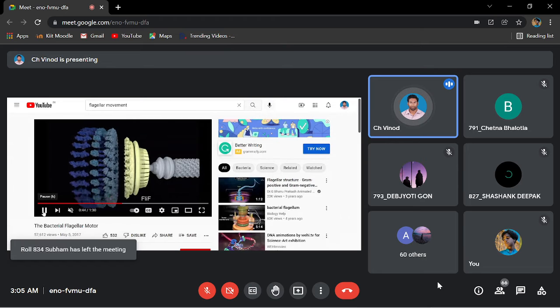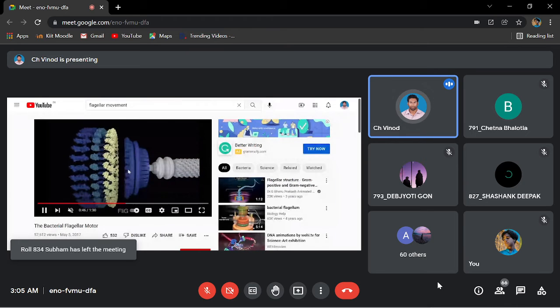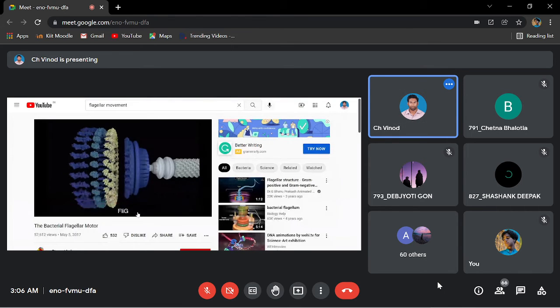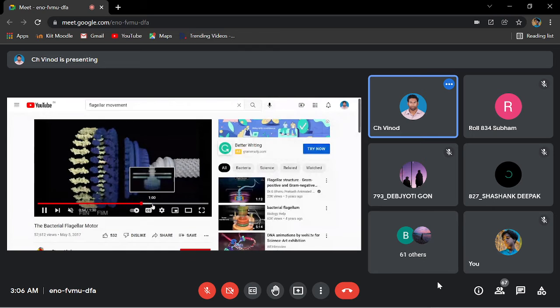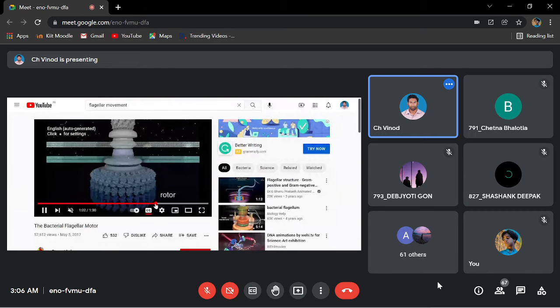As you can see here, this is how your rotors are being arranged. This is your so-called hook region. This entire complex is called the basal body. You can see the functioning of these is completely dependent upon the membrane gradients that are available here.